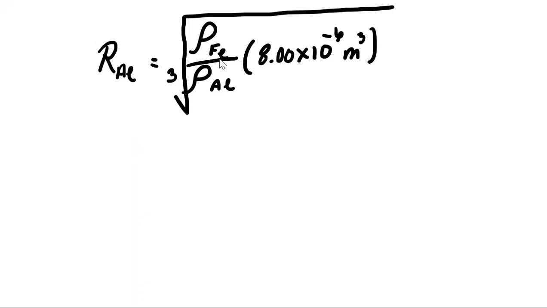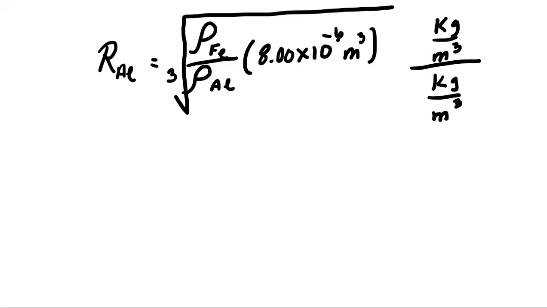Before we actually substitute values in and solve for this, let's go ahead and consider the units here. Well, here we have a fraction. It's going to be density units divided by density units. So the same units are going to cancel. It's like saying we have a kilogram over a cubic meter, all being divided by a kilogram over another cubic meter.